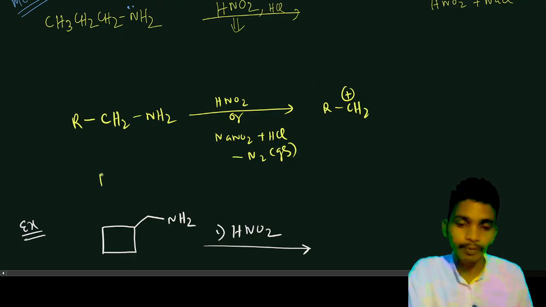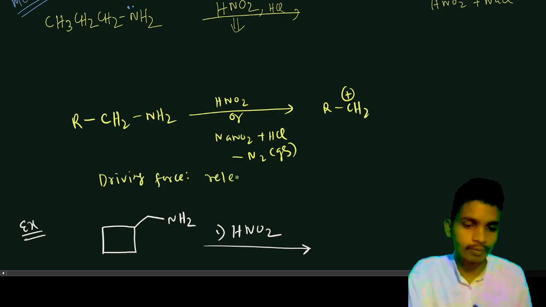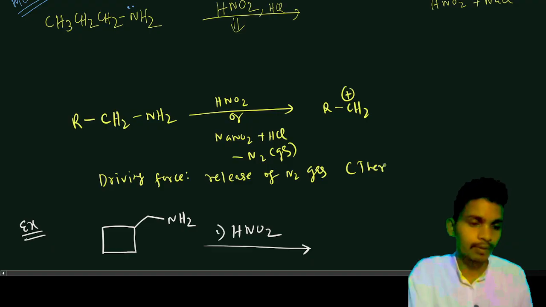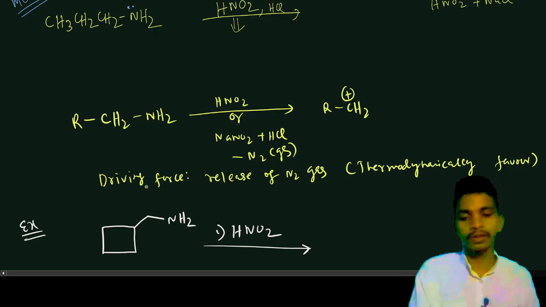And what is the driving force for these reactions? The driving force is the release of nitrogen gas, which is thermodynamically stable. Okay, so this is about the Demjanov rearrangement.